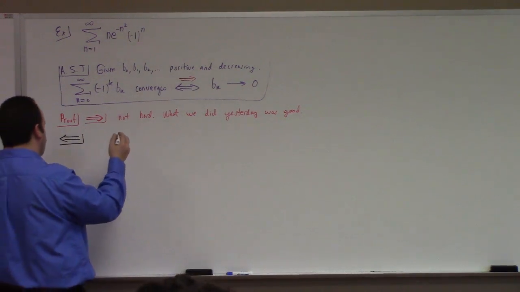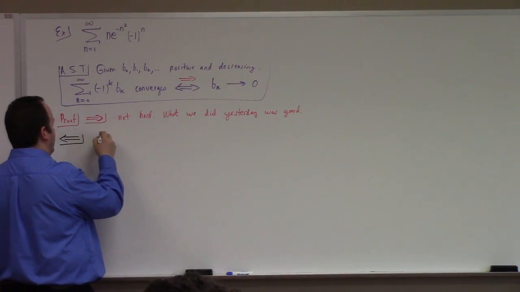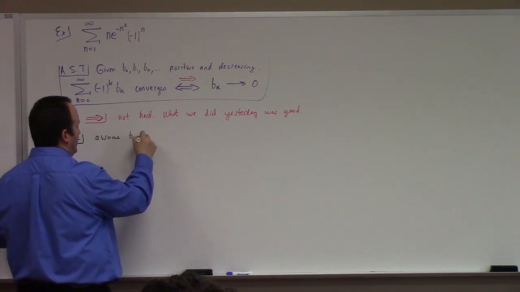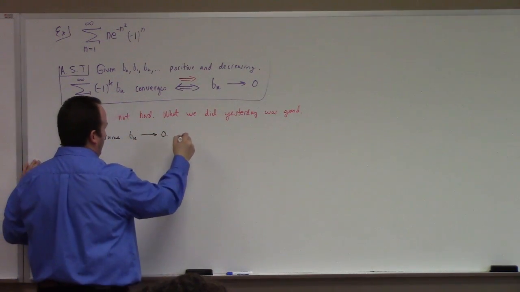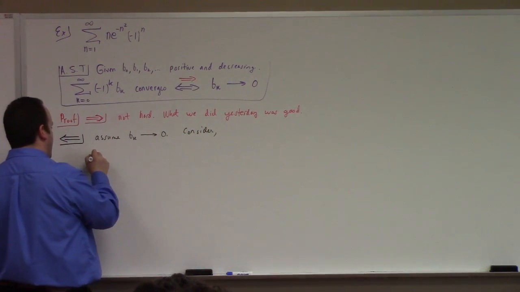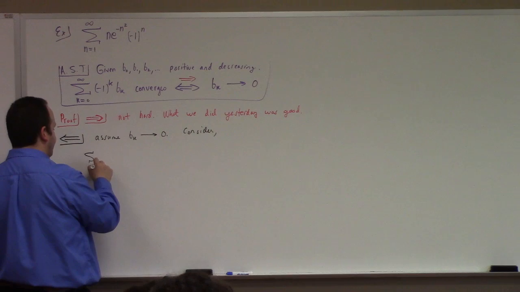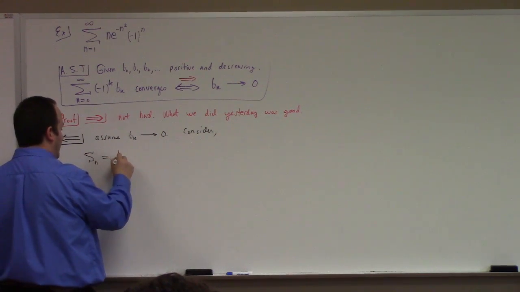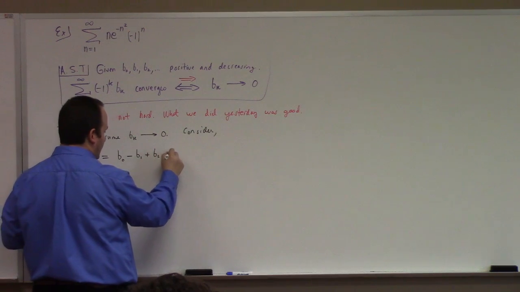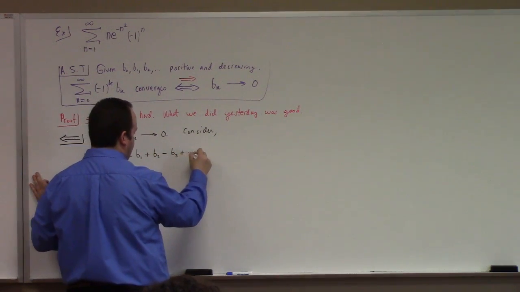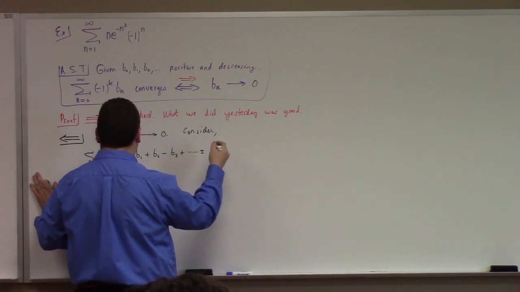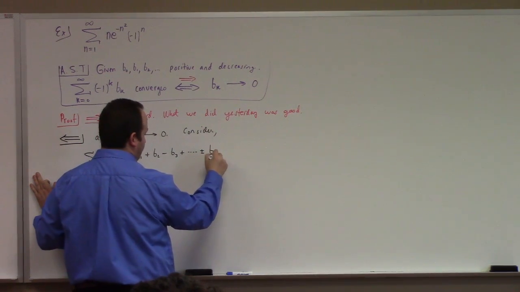If we look at the nth partial sum, we're going to assume b sub k goes to 0, and then consider the following. The nth partial sum would be b0 minus b1 plus b2 minus b3 plus dot dot dot, plus or minus b sub n.